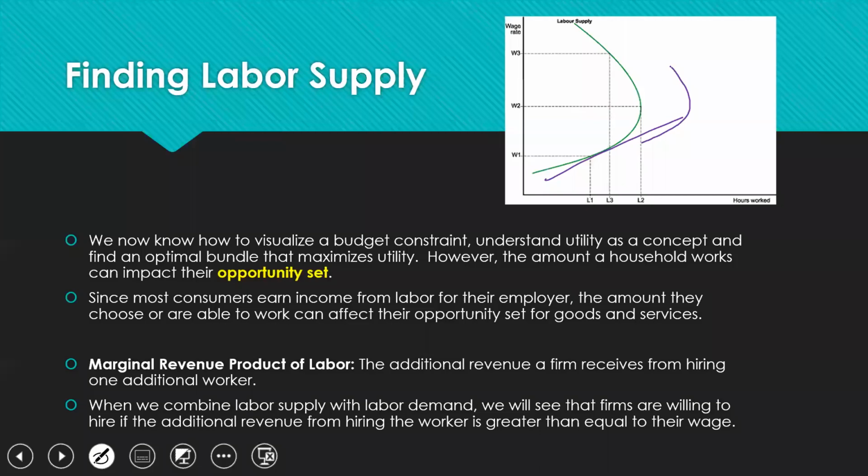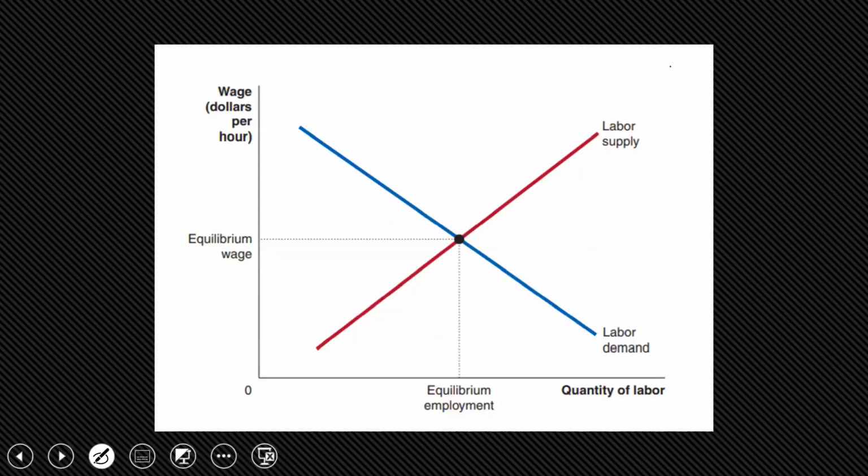So this turns my attention to what the traditional labor market looks like. So we as the labor suppliers are now the supply curve, the upward sloping red curve there. Labor demand is now the firms, the downward sloping labor demand right there. And the blue curve basically corresponds to MRPL, which stands for the marginal revenue product of labor.